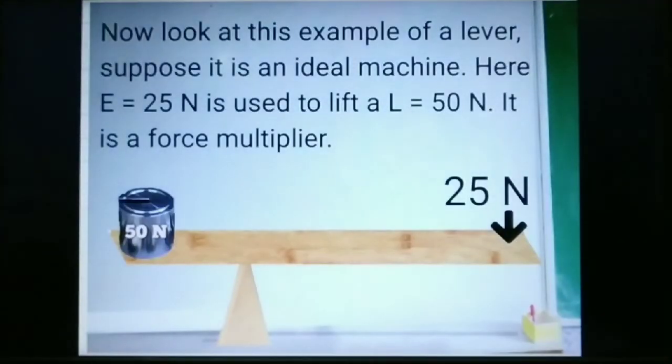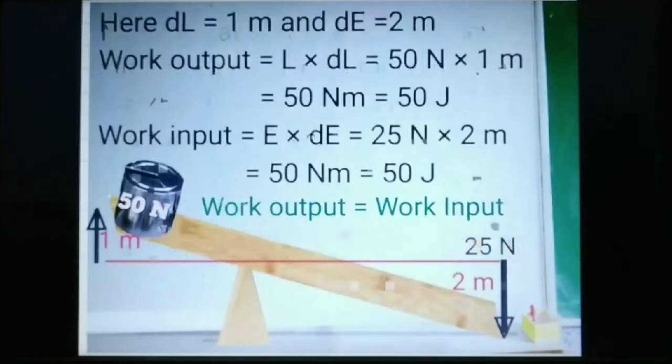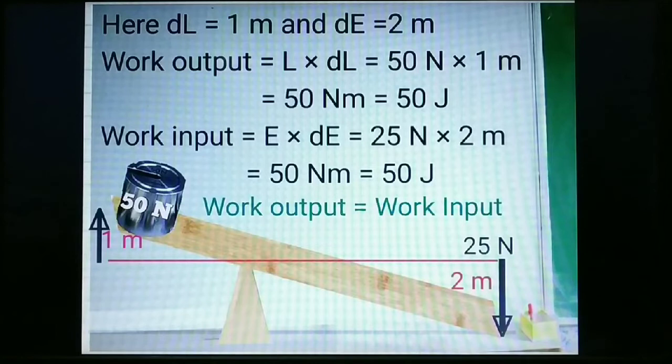Now look at this example of a lever. Suppose it is an ideal machine. Here, effort equal to 25 Newton is used to lift a load of 50 Newton. It is a force multiplier. Here, displacement of load is 1 meter, as you can see in the figure, and displacement of effort is 2 meter.